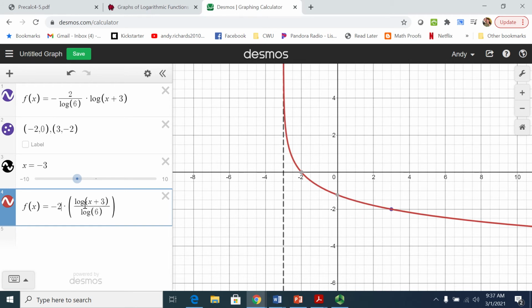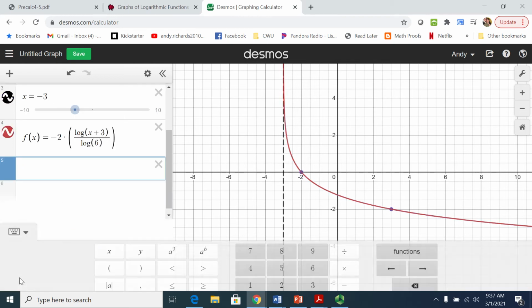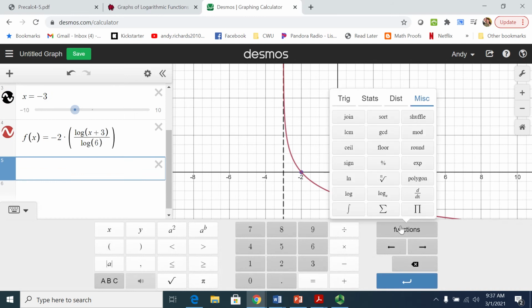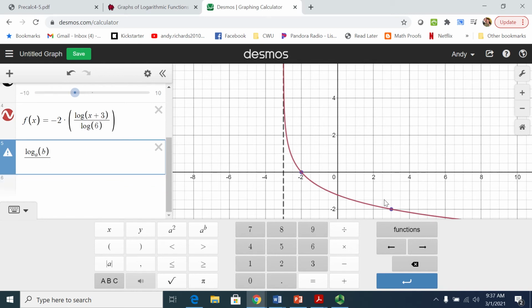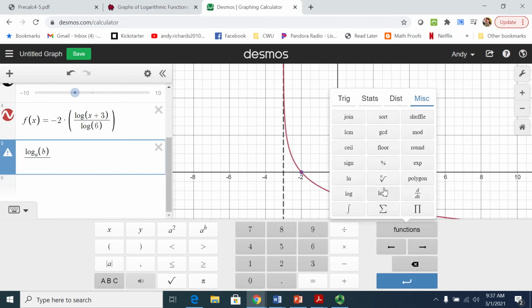And because this has the same log base, what we have is yet another property we can use. So that property is going to be if you have some log of a over log of b, then you can rewrite it as a single logarithm.